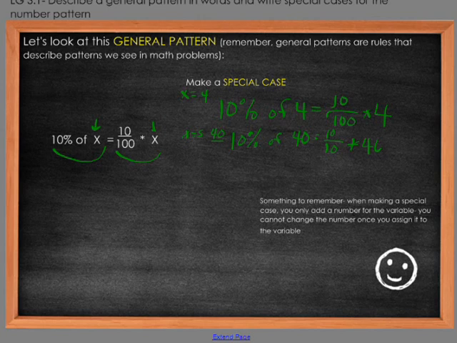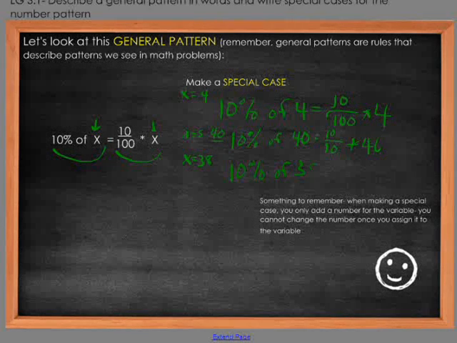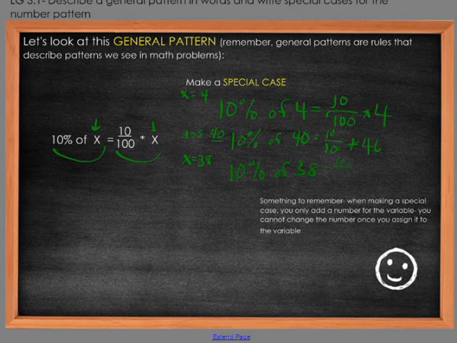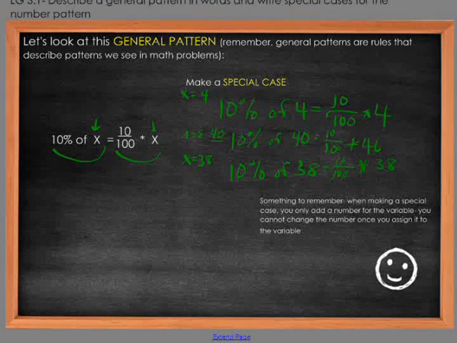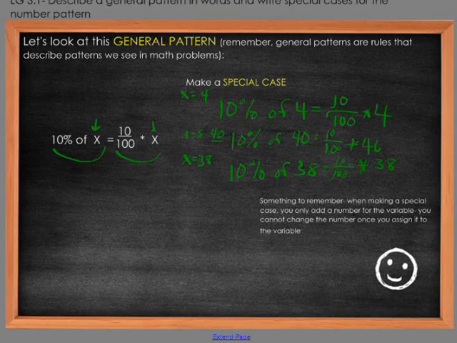And this one I'm going to make x equal to 38. If I want to find 10% of 38, I use this general pattern, (10 over 100) times 38. And so here I have 3 special cases using this pattern.